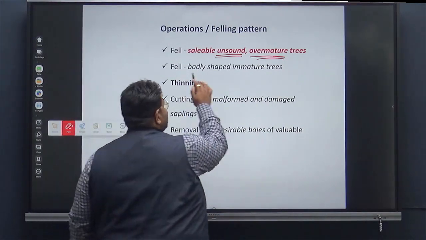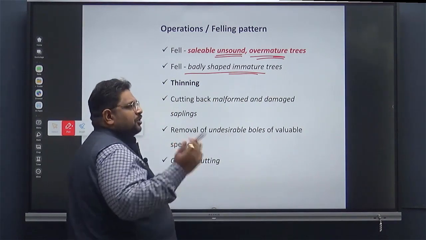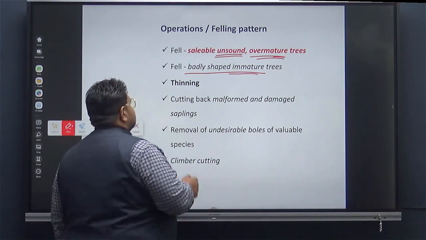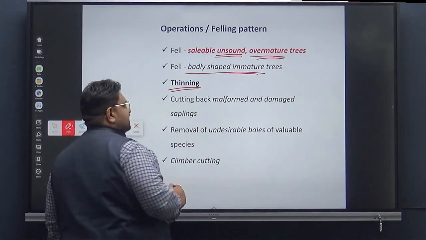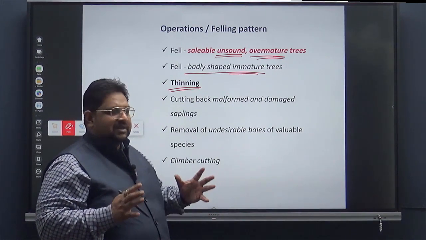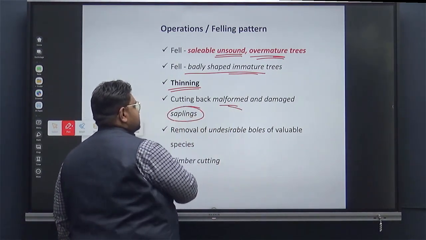Felling of badly shaped immature trees as well, which have no promise of becoming better ones in future. Thinning is done, the removal of trees which are competing with the promising better ones. Then cutting back malformed or damaged saplings.